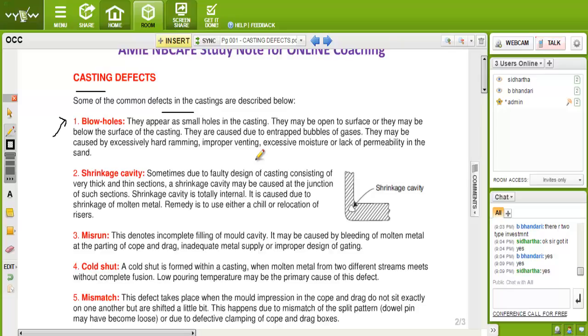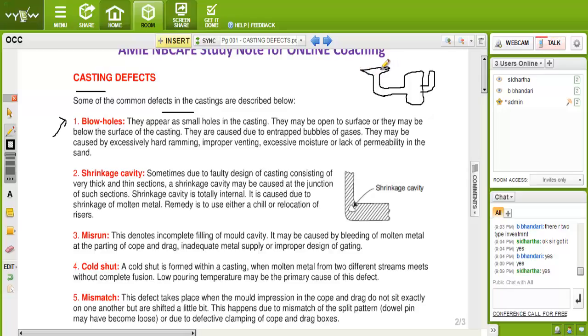A blowhole is a defect made by a bubble present as an air hole. Suppose your mold is like that. You have to make a unit like that. Okay, a square unit you have to make. Now you pour the molten metal on that basin.